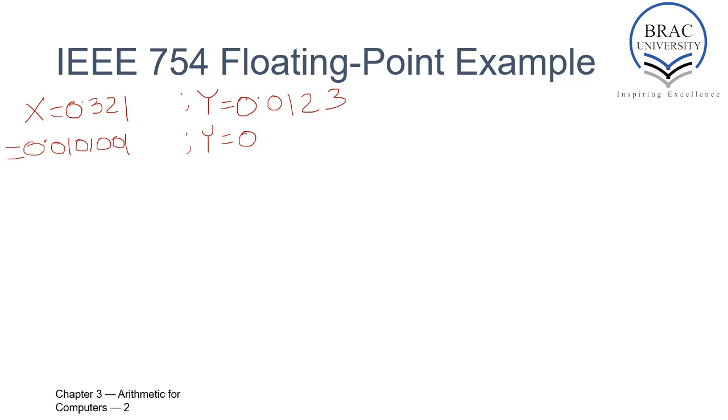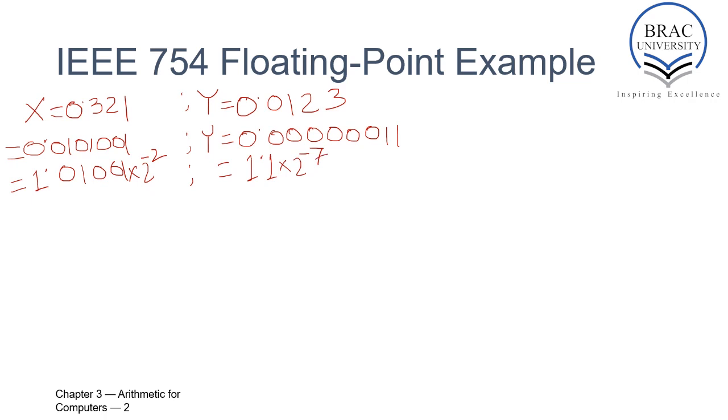To normalize x, that would be 1.01001 into 2 to the power minus 2, and the normalized form of y would be 1.1 into 2 to the power minus 7, as you all know.